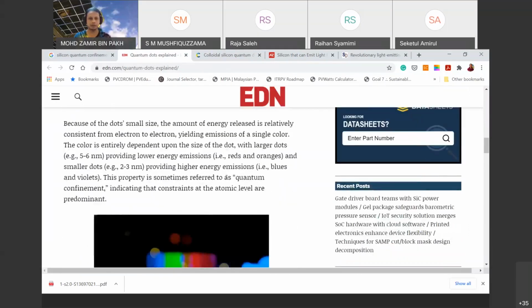On this website, if you are talking about larger dots, 5 to 6 nanometer, then you're going to emit lower energy emission, typically in the red and oranges. And if you synthesize smaller dots in the range of 2 to 3 nanometer, you can emit higher energy light or shorter wavelength. So you can go into blue and violets, right? So it can be tailored according to the need of the application.